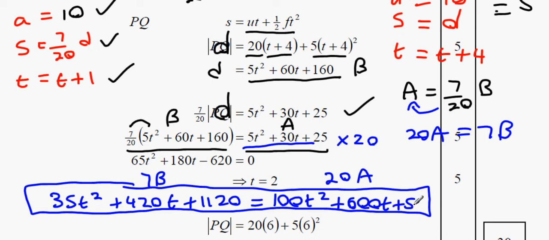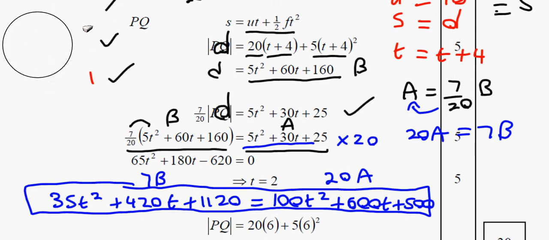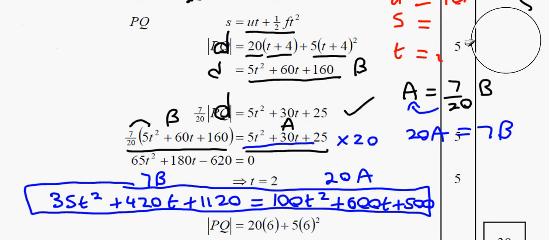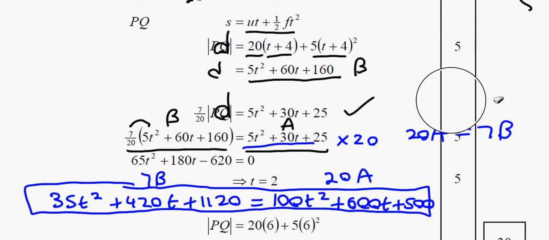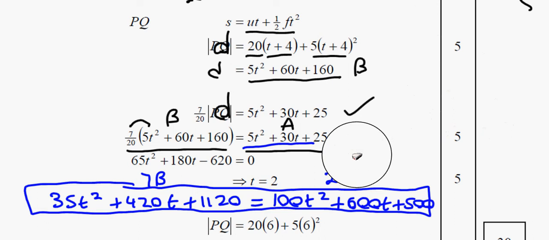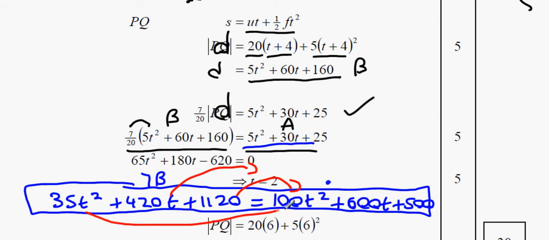Now, if I rub all this out for a minute just to make it less confusing, we move everything over to one side. When you get that, it ends up as 65t squared plus 180t minus 620, exactly what we're expecting.